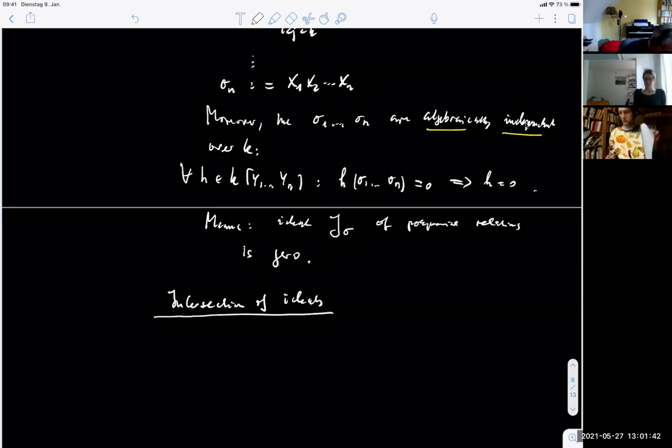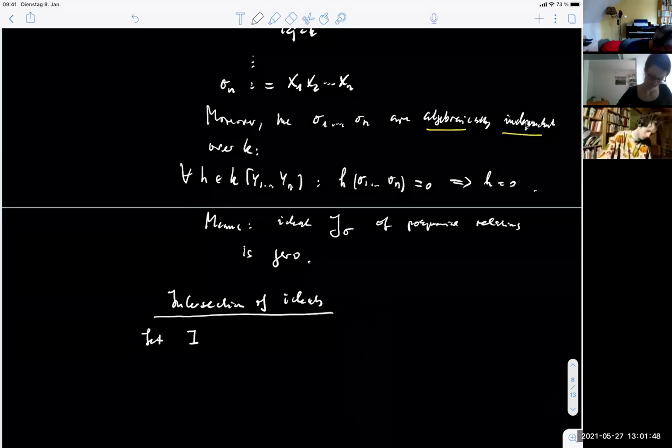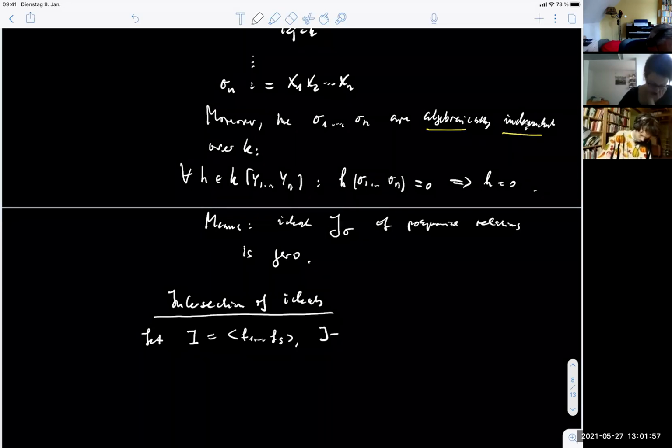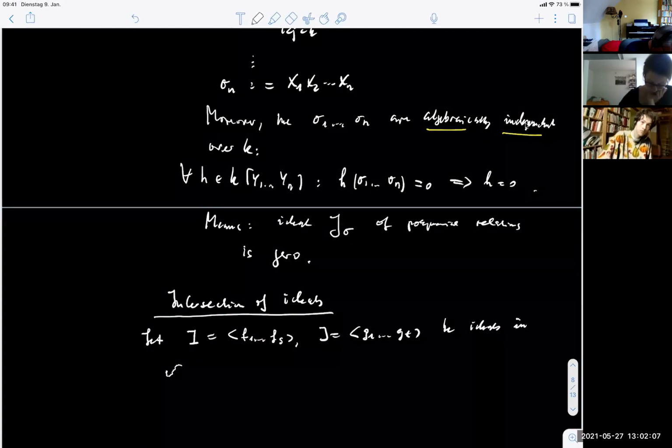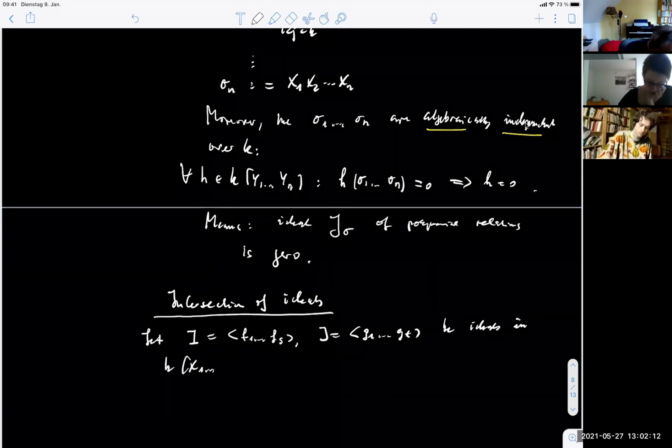Let me explain. Let's assume I have two ideals given by generators. One ideal I is given by F1 up to Fs, and J is given by G1 up to Gt. These are ideals in the polynomial ring in n variables.